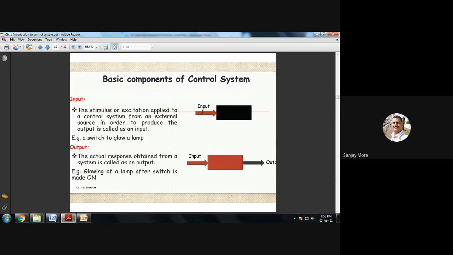For example, glowing a lamp after the switch is made on.